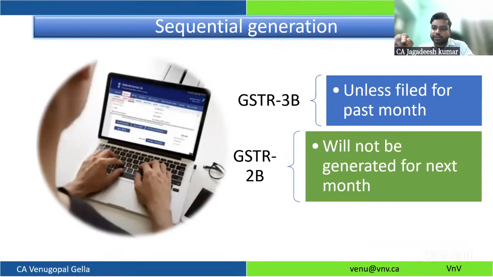So after filing your 3B, click on compute 2B in the IMS dashboard. On clicking that, your draft 2B will be generated. On generation of the draft 2B, these invoices will be auto-populated in your GSTR-3B.